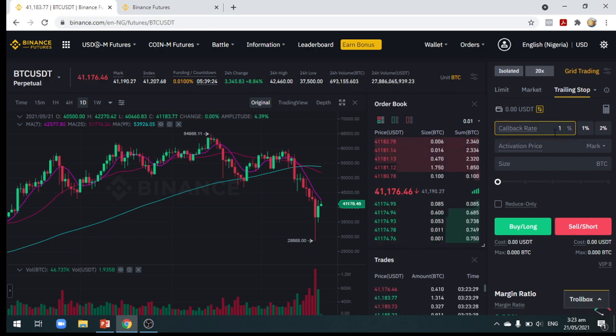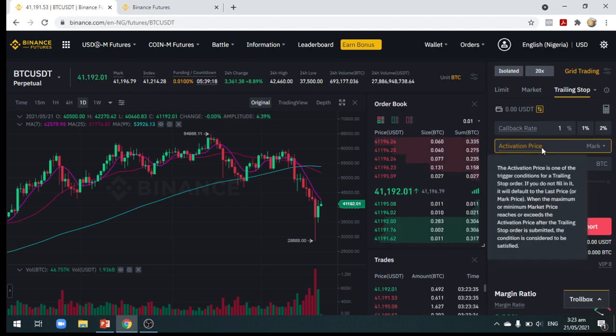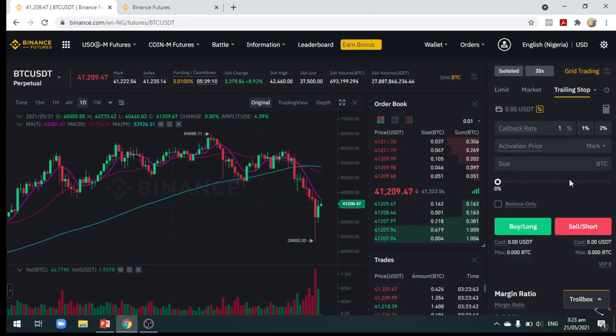So when you choose a callback rate and you put an activation price here, as long as the price of Bitcoin is moving high, and you put in the size, definitely.